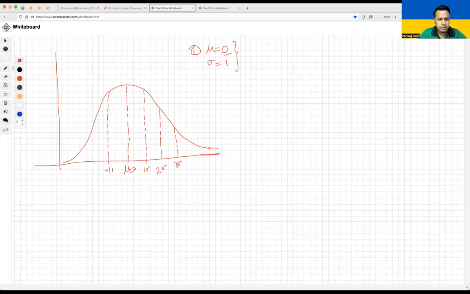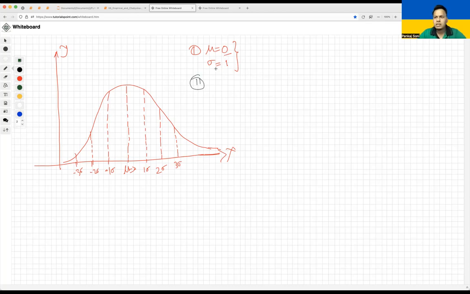So here minus 1 sigma, then this is minus 2 sigma, and this is minus 3 sigma. And this is your x-axis and this is your y-axis.